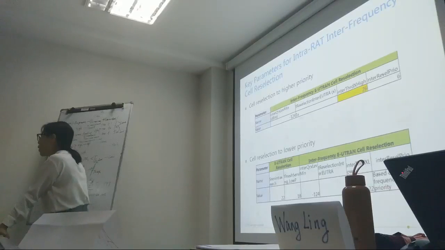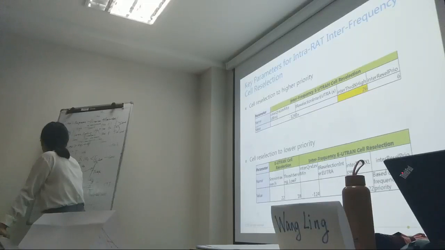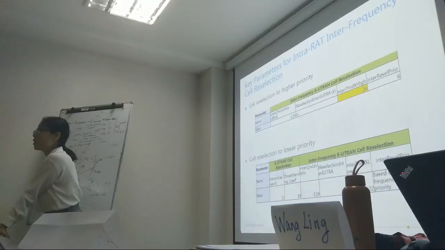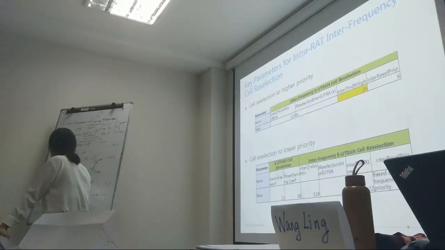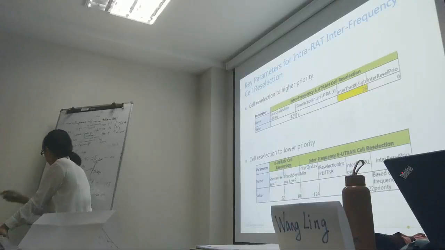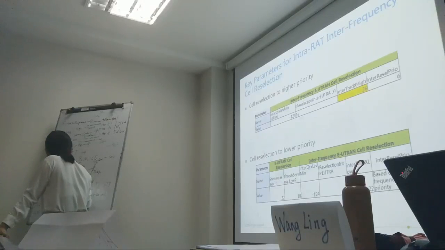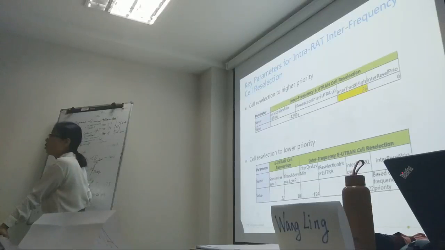The low priority cell should be greater than this threshold, and the serving cell threshold also applies.